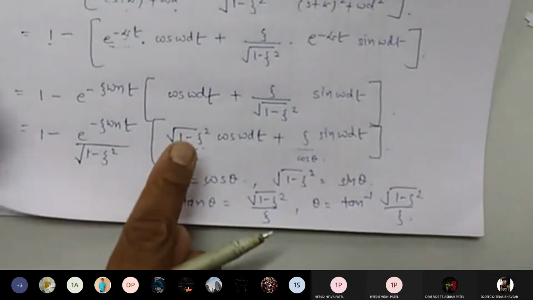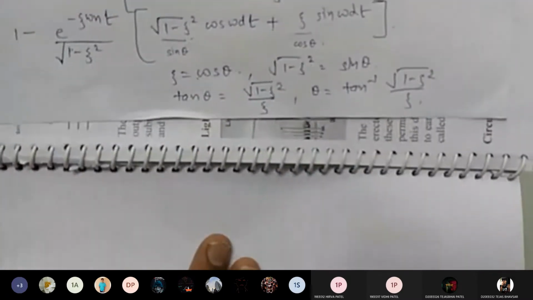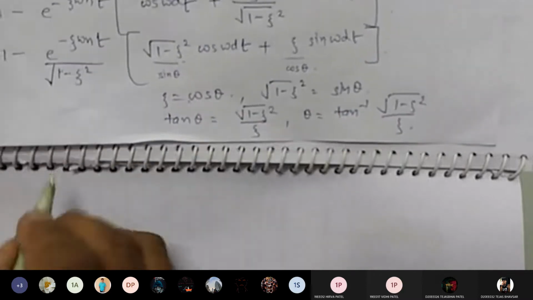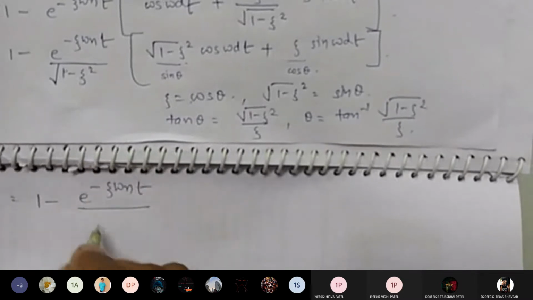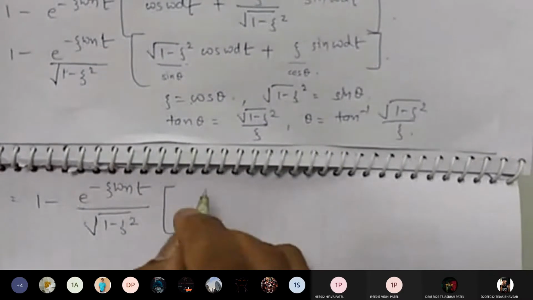So rewriting this equation over here. I'm rewriting this equation: 1 minus e raised to minus zeta omega n into t, divided by under root 1 minus zeta square. What is it?